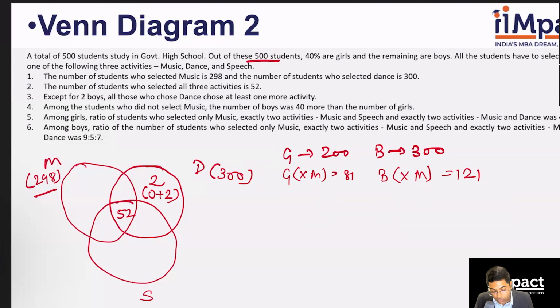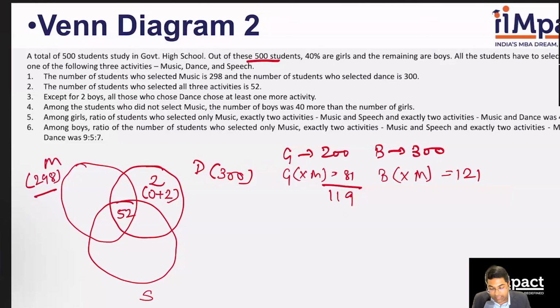Among the girls, the ratio of students who selected only music, exactly two activities, that is music and speech, and exactly two activities, music and dance, was 4 is to 2 is to 3. Now, guys, we know there are 200 girls and 81 have not chosen music, correct? So I know that 119 have chosen music.